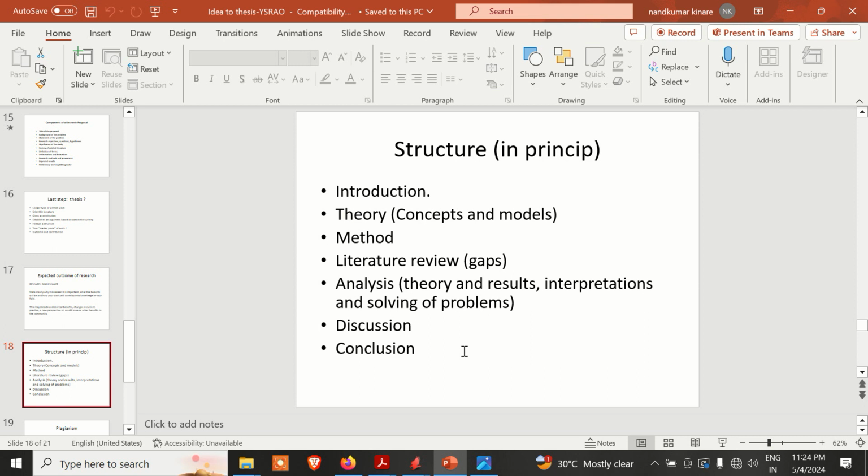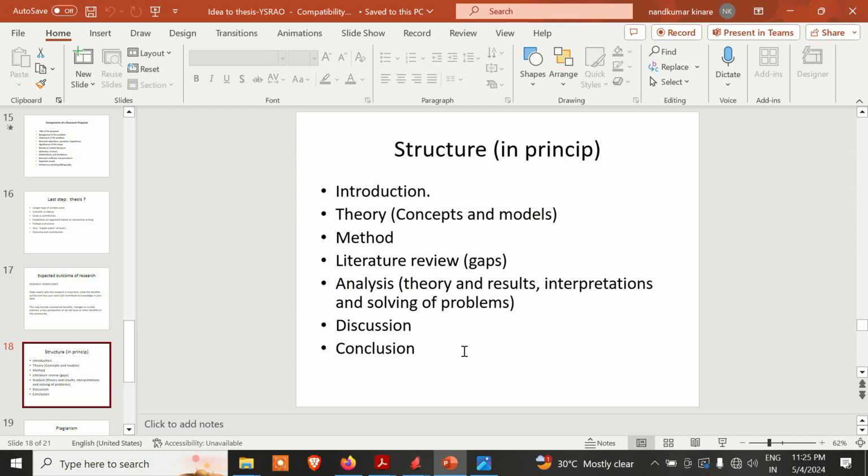Every proposal has some introduction, some theory about your problem statement which you have stated in the introduction, and the method we have adopted to demonstrate, to prove your hypothesis, and the gaps which exist currently, and the analysis and interpretations of your work, and there has to be some discussion about your results and comparison with already published work.